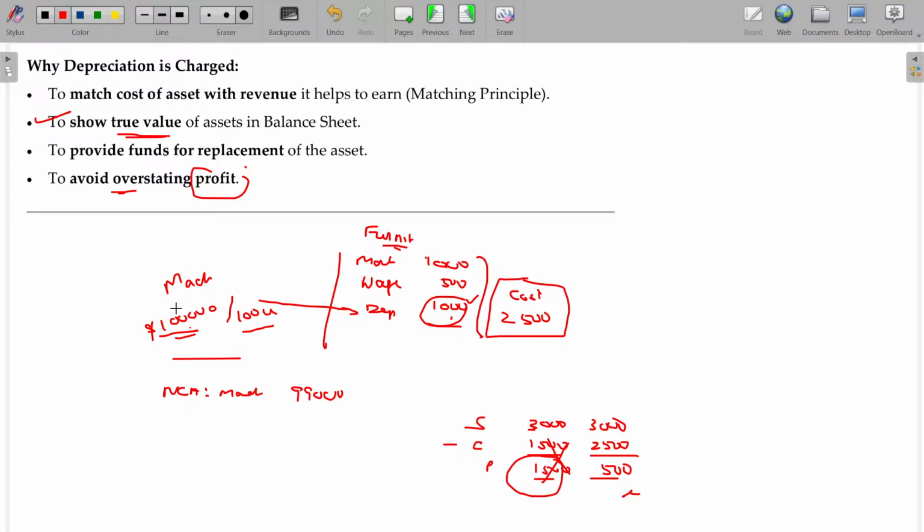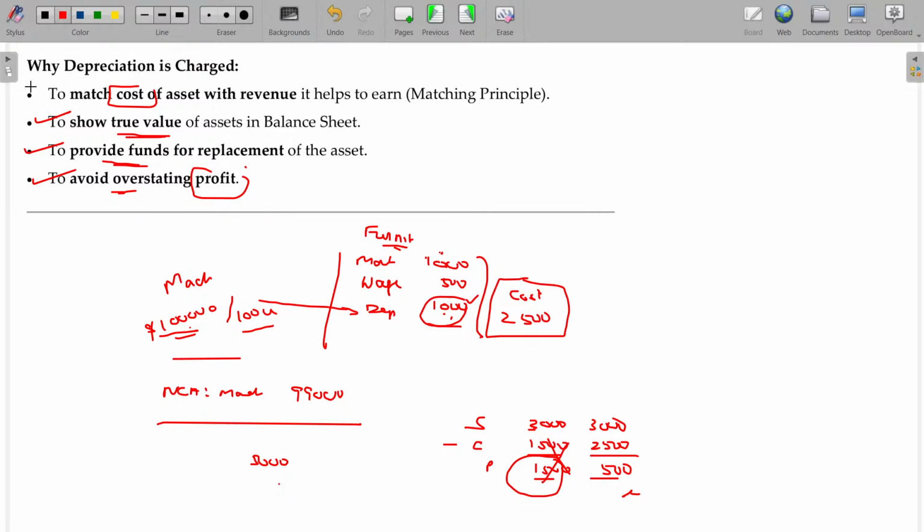Year on year, because of usage, the machinery value is decreasing. If you use it for a longer period, the value depreciates to only 5,000. What does it mean? As the value is only 5,000, a new one is needed, so it provides funds for replacement. It also avoids overstating profit and matches cost. If you don't match the cost for this asset with the material produced, you will not be able to find out the proper cost.